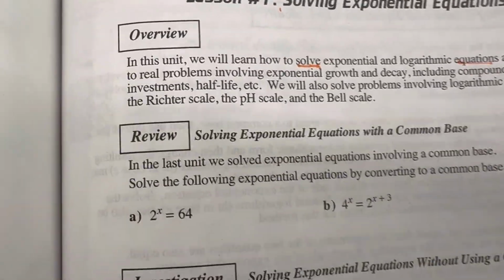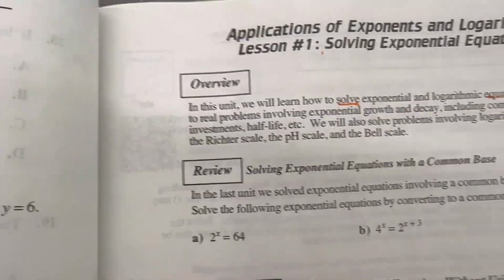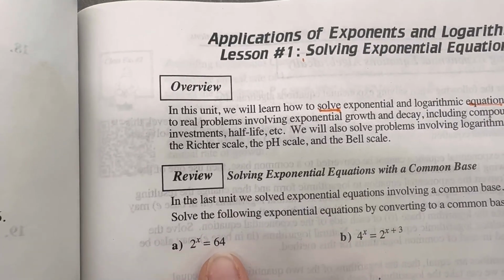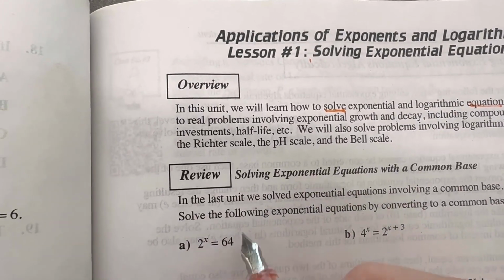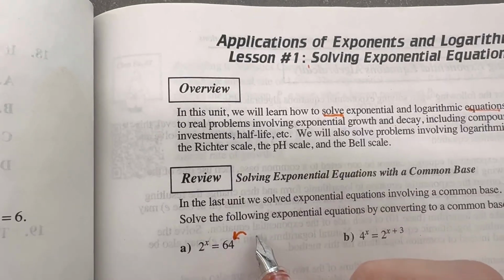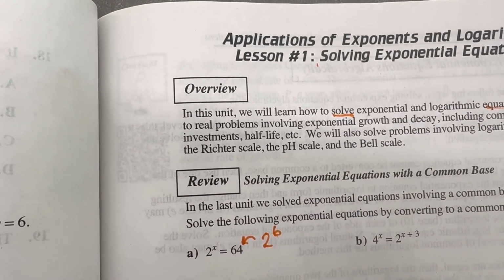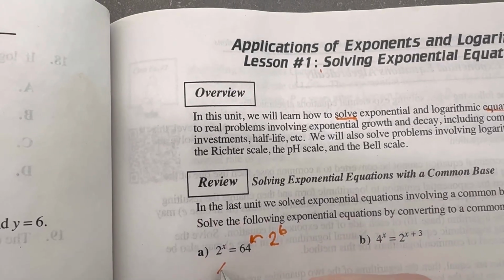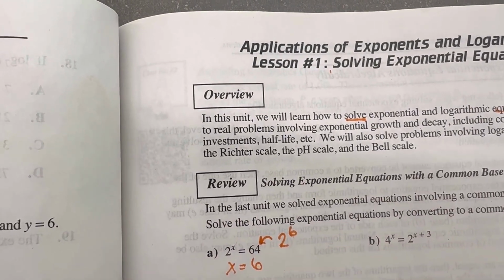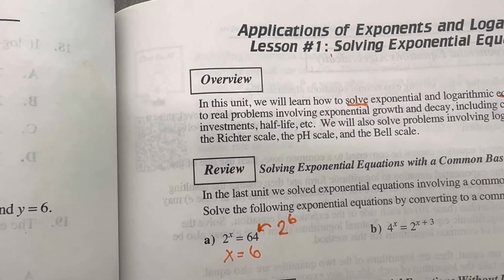So first off, just to review how we would solve something with a common base. Given this question right here, we would need to write this as 2 to the power of 6, okay? And then we would be able to get rid of the bases and equate the exponents.